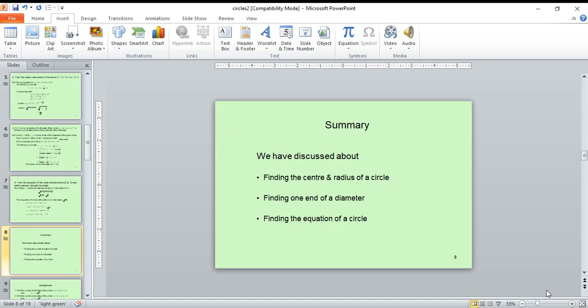Summary. We have discussed finding the center and radius of the circle, finding one end of a diameter, and finding the equation of the circle. Given a circle equation and one end of the diameter, we find the other end of the diameter.